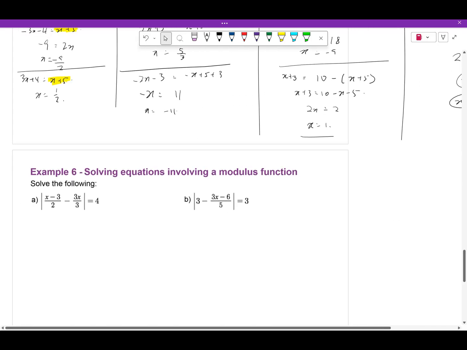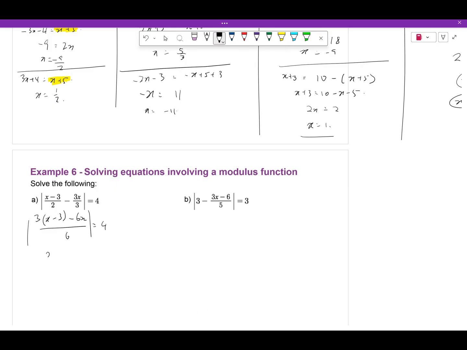So again, let's try and solve the question. Alright? But before we do that, let's simplify the equation a bit. Okay, we can simplify this equation such that it becomes x minus 3 times 3 of minus 6x over 6 for modulus. 然后我可以 simplify 它到它 3x minus 9 minus 6x for modulus, and this becomes like 4.